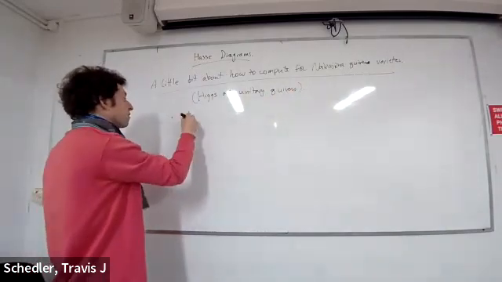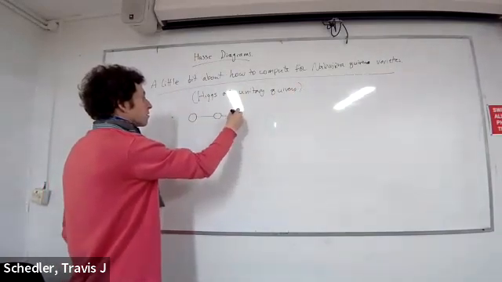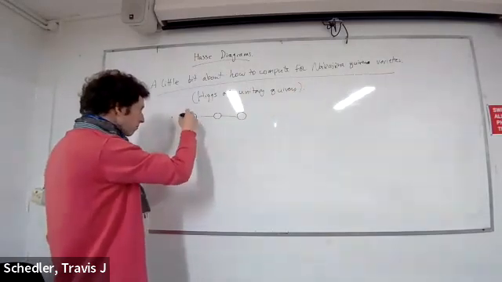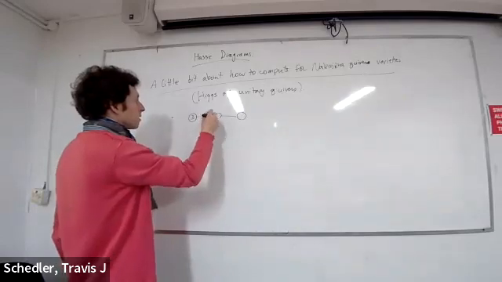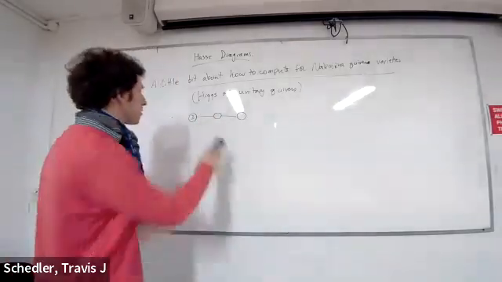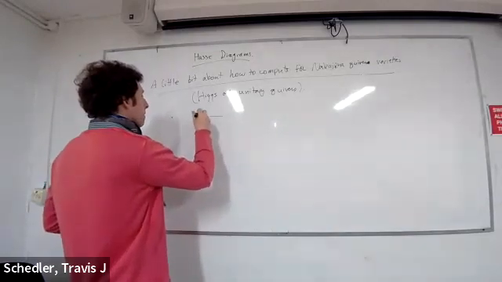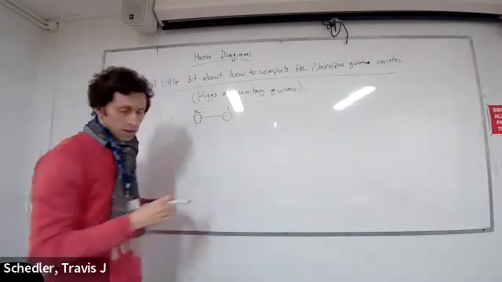So given a quiver, remember how we were drawing that. Let's do something simpler. Let's do it like this. Projective space example.